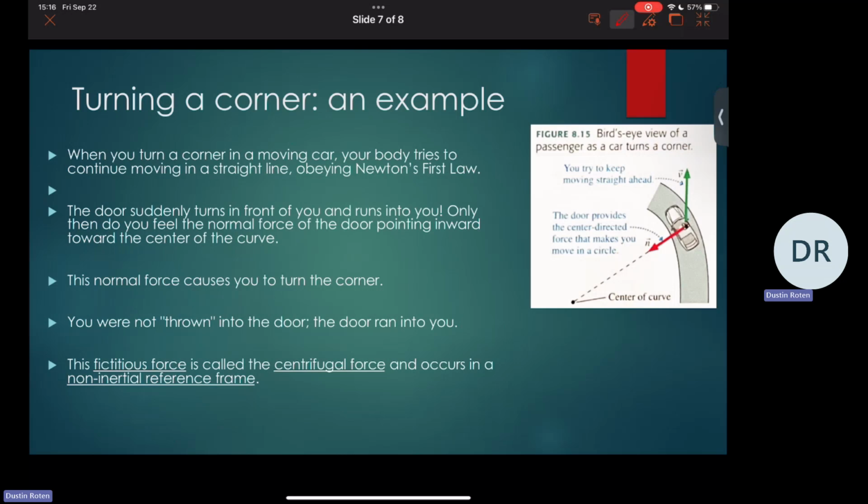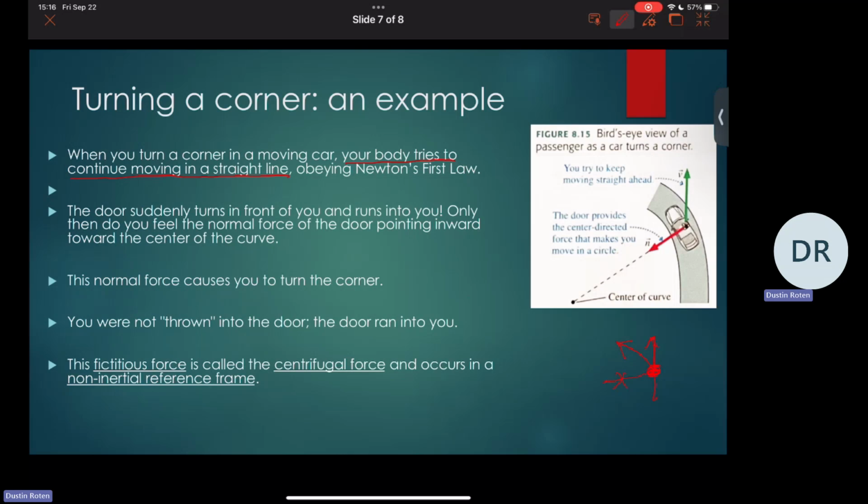When you turn a corner, your body tries to continue moving in a straight line, just like if you were spinning a rock on a string and you cut the string. Whatever direction the rock is pointed in at that instant, it's going to just continue traveling in a straight line.